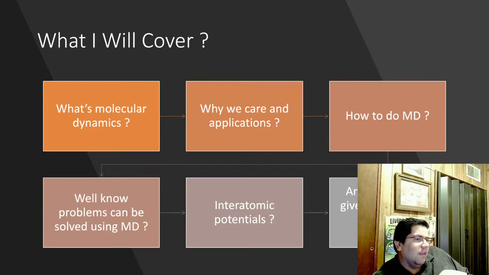Then later on we can go into how to do molecular dynamics. If I go into that topic, probably I'm going to go into some computer software that is already available for doing that, like Amber, LAMMPS, etc., and I'm probably giving an introduction on how to run, how to compile some of these programs.